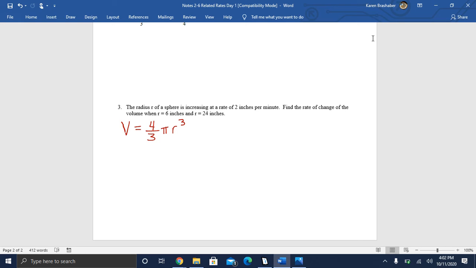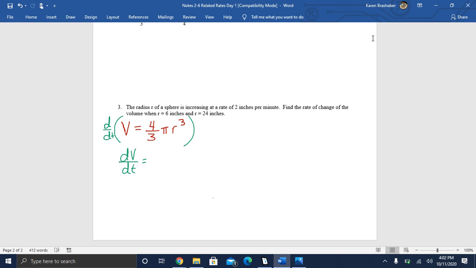And we have that increasing radius. So now we're wanting to find the rate of change of the volume. All right, so we'll do the derivative with respect to time. And so the rate of change of the volume with respect to time will be dV/dt.